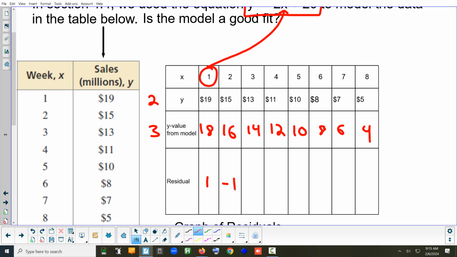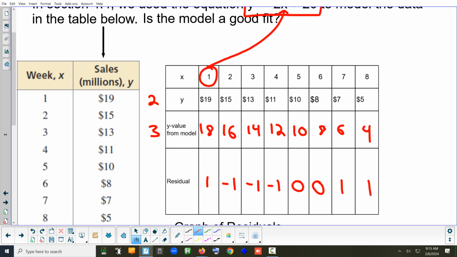Negative 1. 13 minus 14? Negative 1. What's the next one? Negative 1. The next one? 0. A 0 residual is perfect. You can't get any better than that. That's what you want. What's the next one? 0. The next one? 1. And the last one? 1.